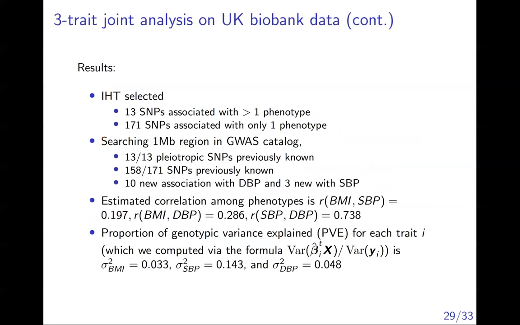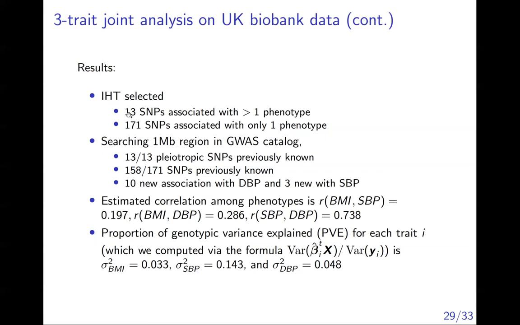Here is the result. IHT found 13 SNPs that are pleiotropic, and 171 SNPs that are independent. We took each of these SNPs and searched a 1 megabase region flanking them for other associations in the GWAS catalog.